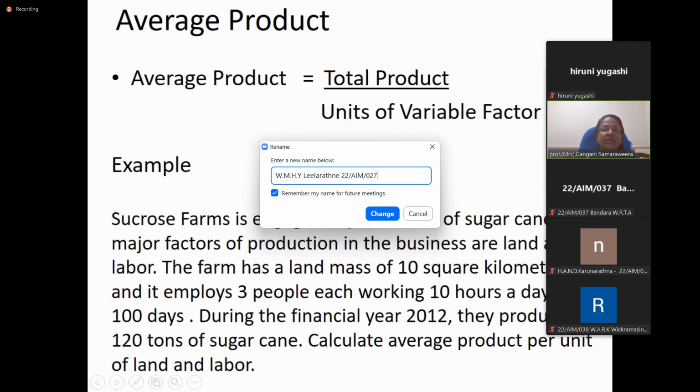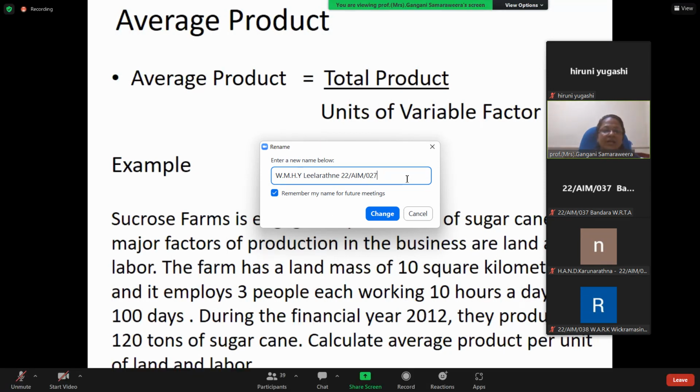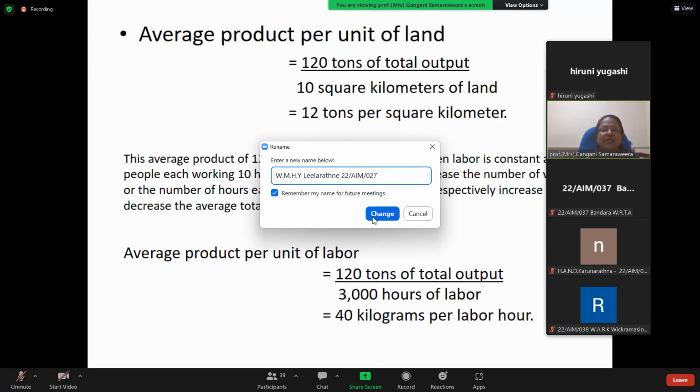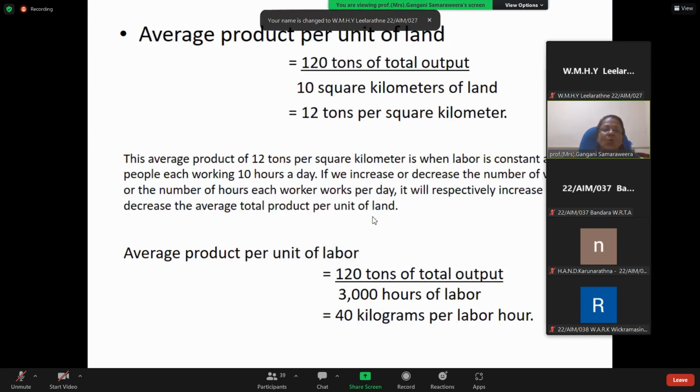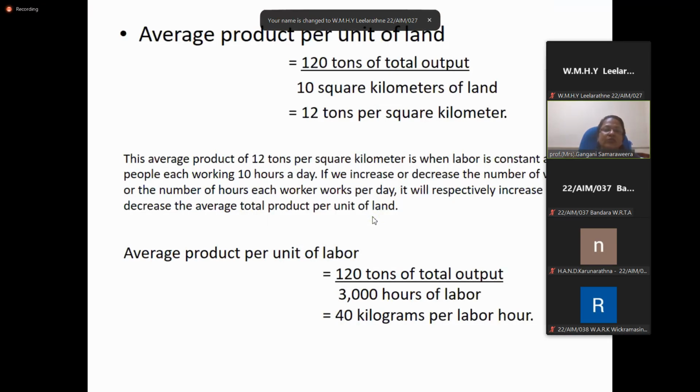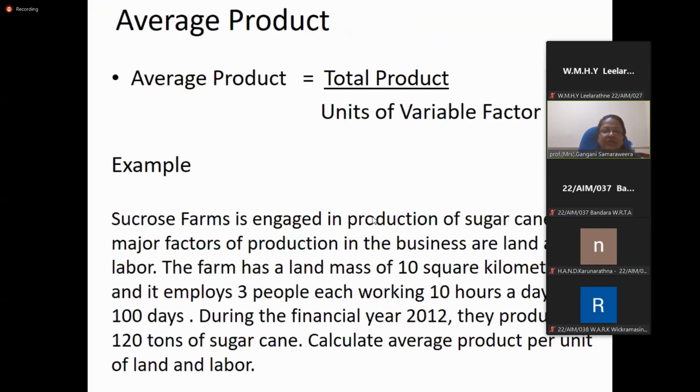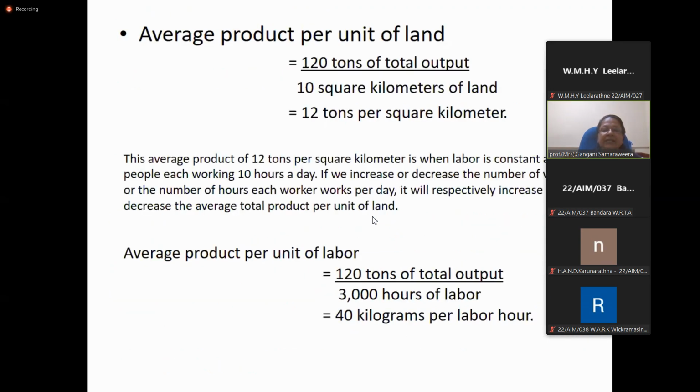First of all, we need to take the total product, which is 120 tons. First, take the average product per unit of land. The land mass is 10 square kilometers, and you take 120 tons of total output.